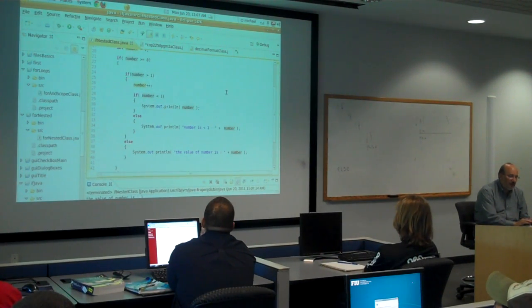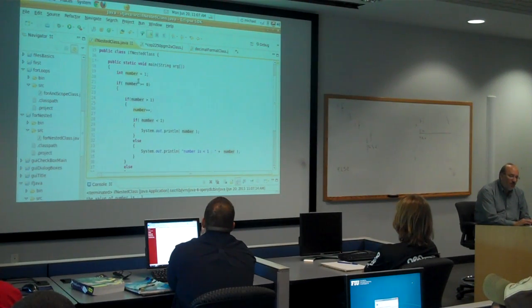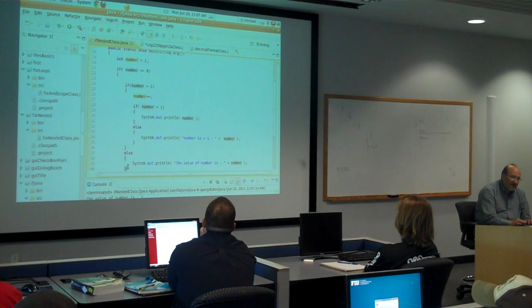Yep, printed a 1. So the number is 1 again. If it's greater than 0, which it is, it's going to come here. Is it greater than 1? No, it's not. Then it's going to do this else over here. None of these elses is going to jump right over here. And it's going to print that one, and that one is number 1.